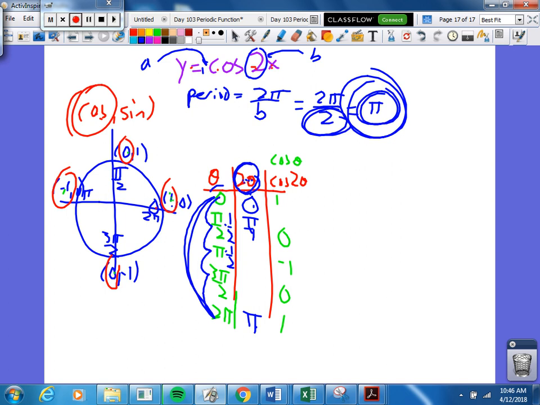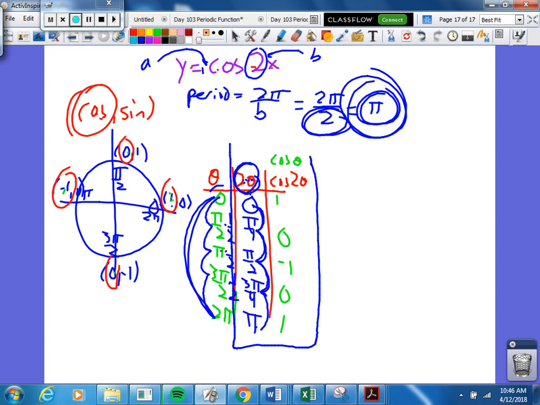So pi times a half is pi over 2. 3 pi over 2 divided by 2, aka multiplied by half, is 3 pi over 4. Back to pi, right? So you can divide by 4, or count by fourths, you get the same thing, right? 1/4, 2/4, 3/4, 4/4.